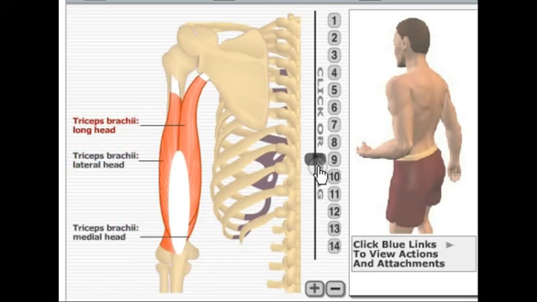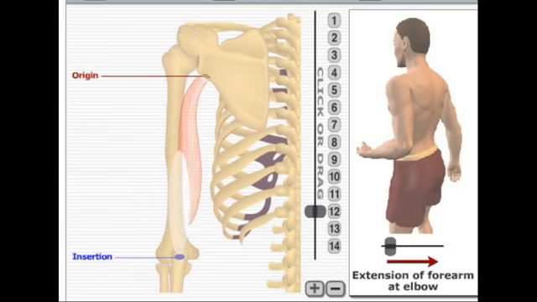The medial head is going to originate in the lower half of the humerus and also insert on the olecranon process of the ulna. And the lateral head is going to originate in the upper third of the humerus and insert on the olecranon process of the ulna. All three of these extend the forearm at the elbow.